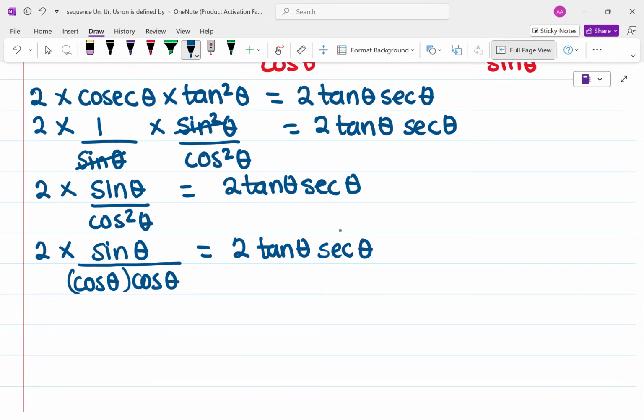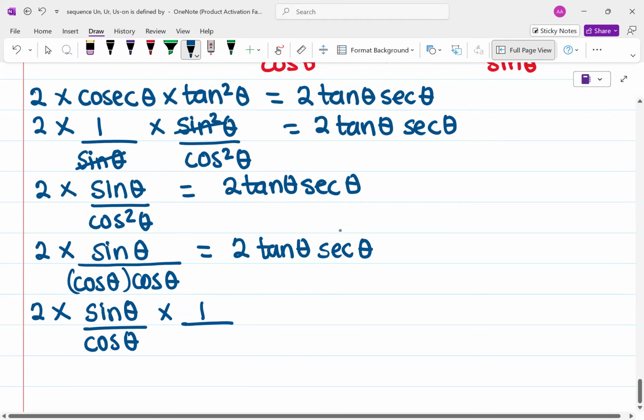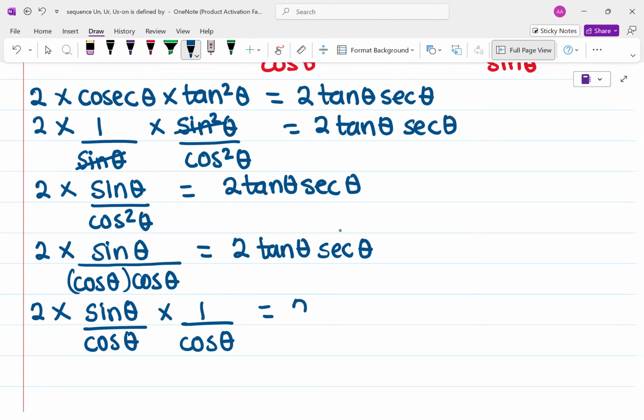I can also rewrite this as 2 times sin theta over cos theta times 1 over cos theta, which equals 2 tan theta sec theta.